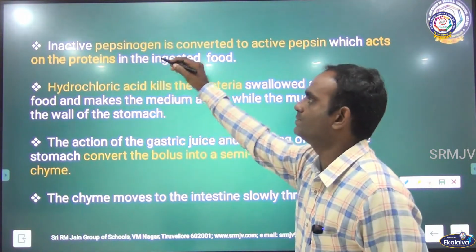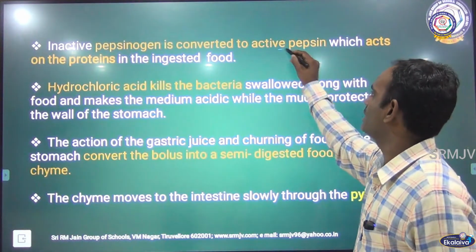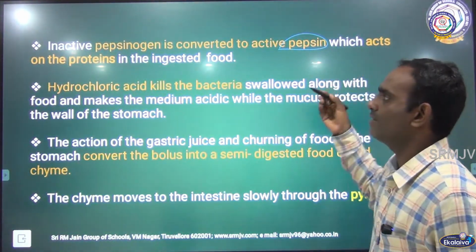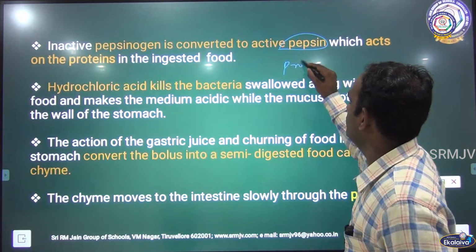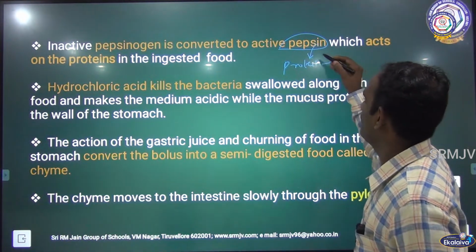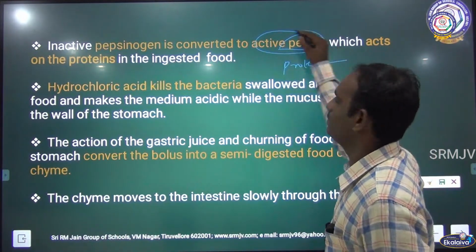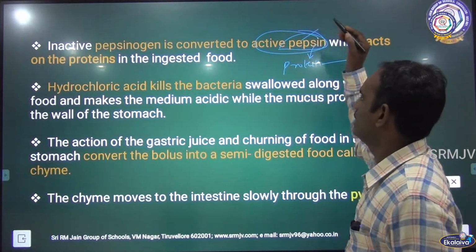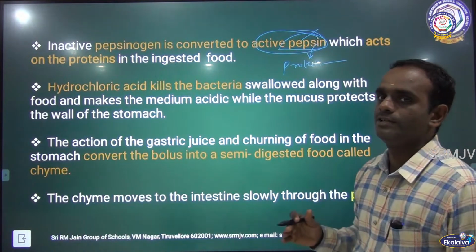The inactive pepsinogen is converted into active pepsin, which acts on protein. So protein is digested by the action of active pepsin. Active pepsin plays a vital role in the digestion of protein.